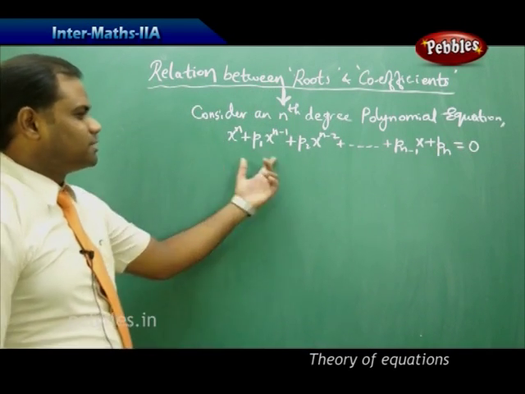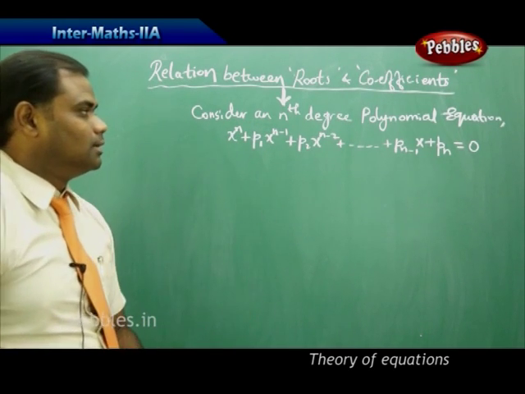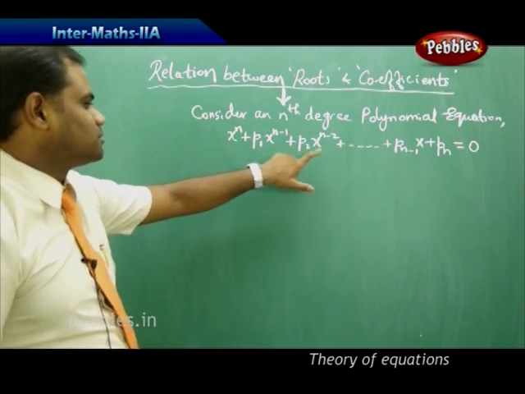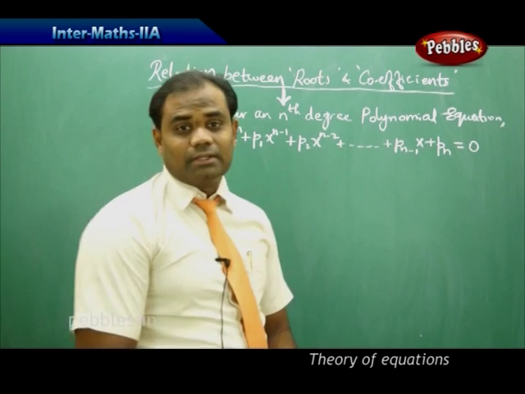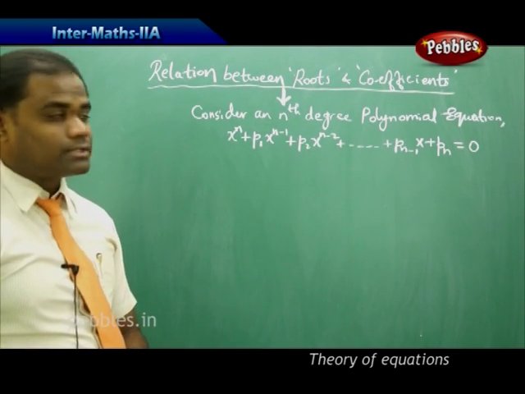So this is the nth degree polynomial equation which I have considered, of course, which is a monic polynomial, and using this I want to connect the coefficients which are p1, p2, pn minus 1 and pn with the roots of the given equation.